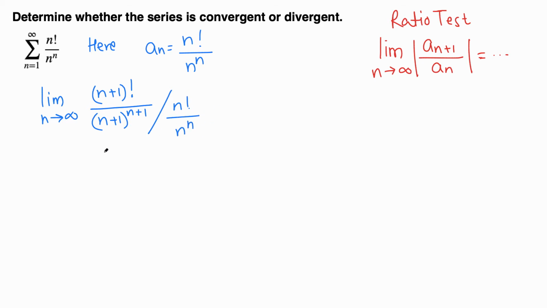That is a_(n+1), the top part, divided by a_n. Okay, let's compute this. I want to change this division into multiplication, so we need to flip this. At the same time, (n+1) factorial is (n+1) times n times (n-1) all the way to 1, or we can just write (n+1) times n factorial.